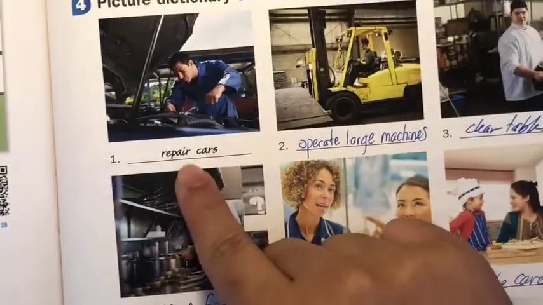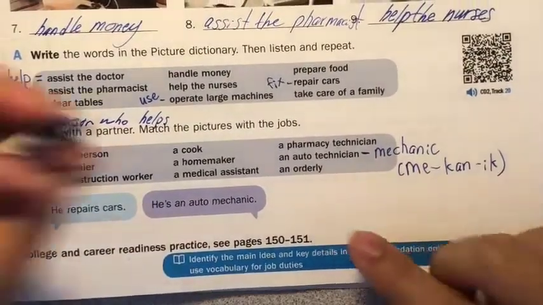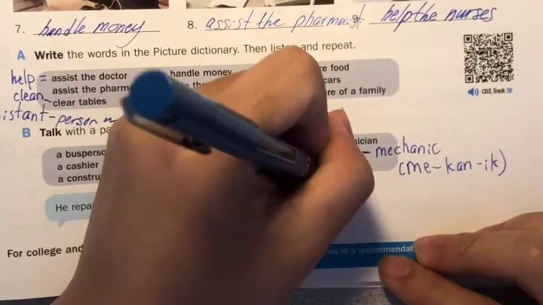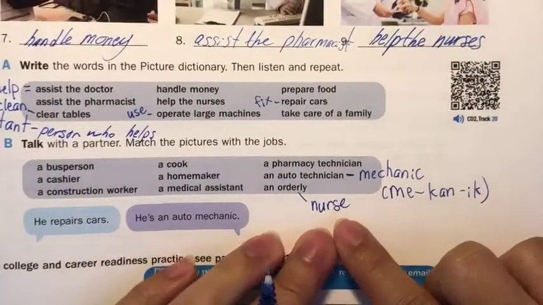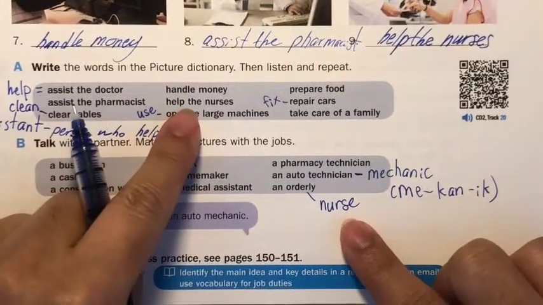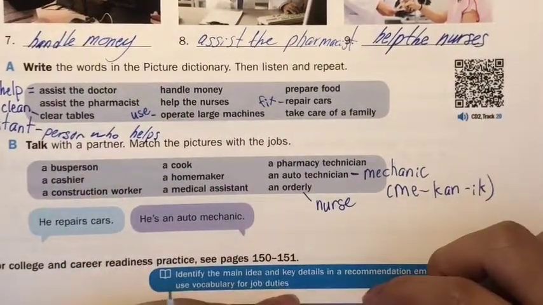A mechanic fixes cars. They repair cars. An orderly is a nurse, pretty much. An orderly helps the nurses. I don't know why the book has the word orderly. It really just means nurse.